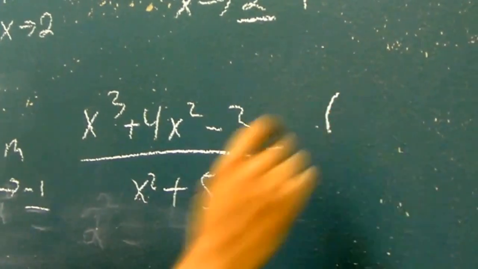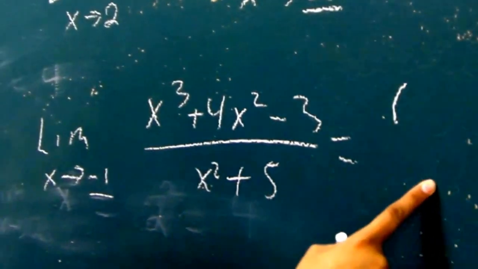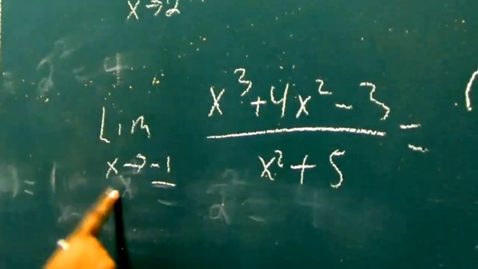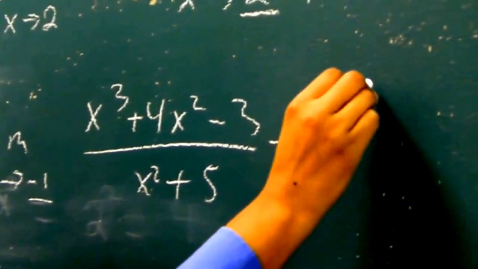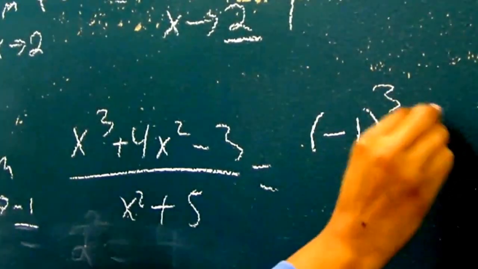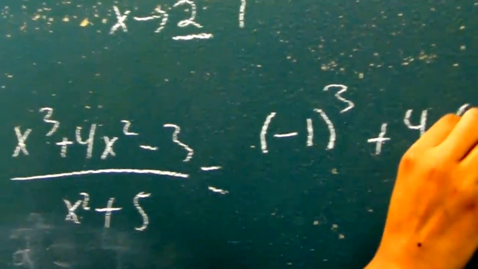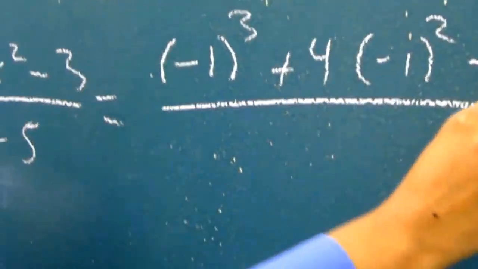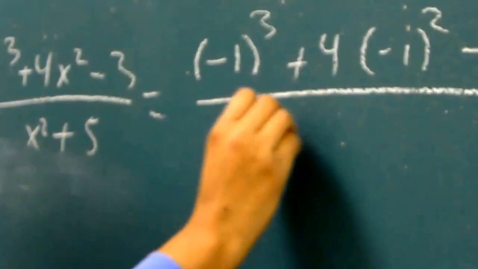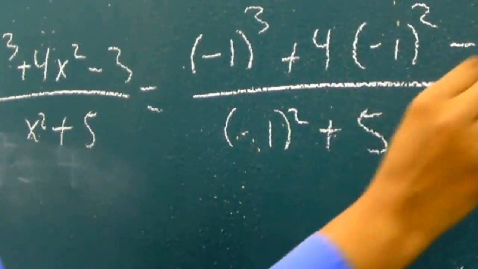So then, after you start substituting the values, you stop writing this limit as x is approaching -1 because you're already substituting the value. So I have -1 cubed plus 4 times -1 squared minus 3 over -1 squared plus 5.